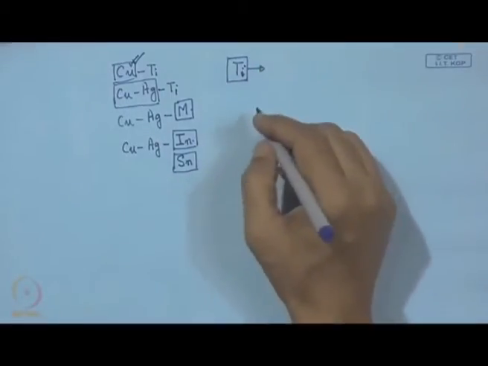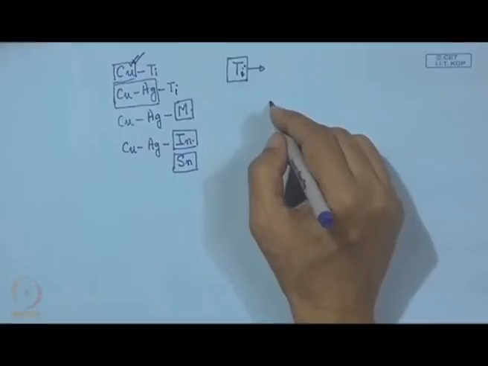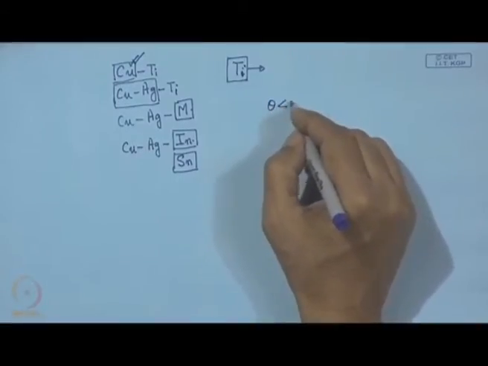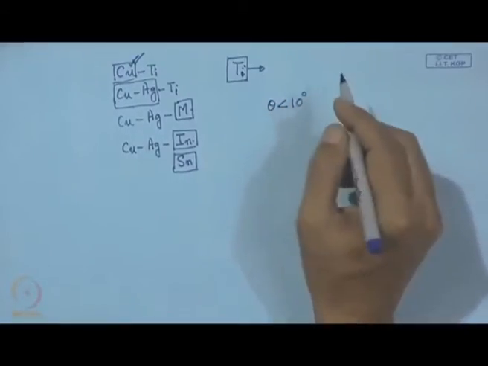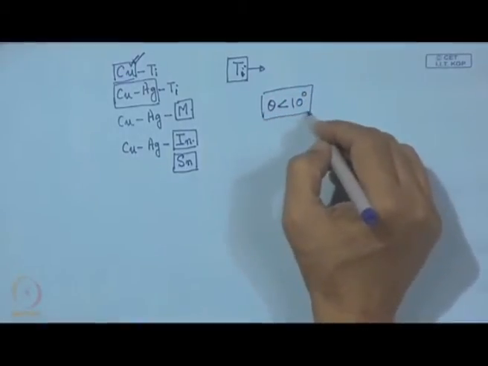And wetting here means theta should be less than 10 degrees, which we consider as spontaneous spreading.